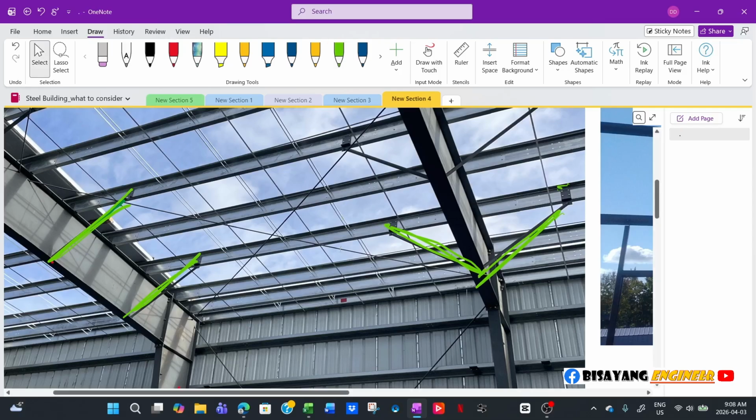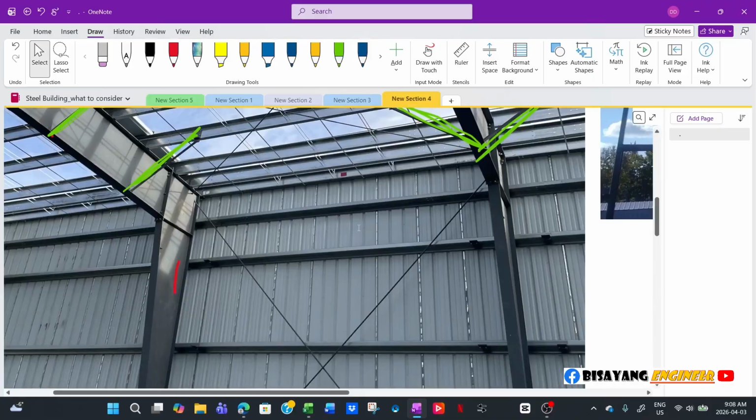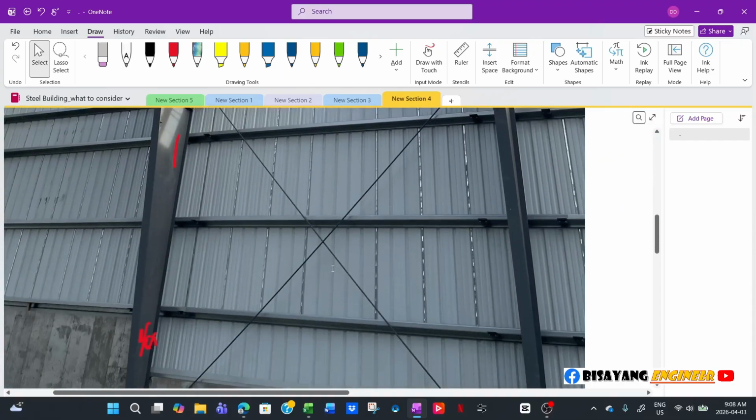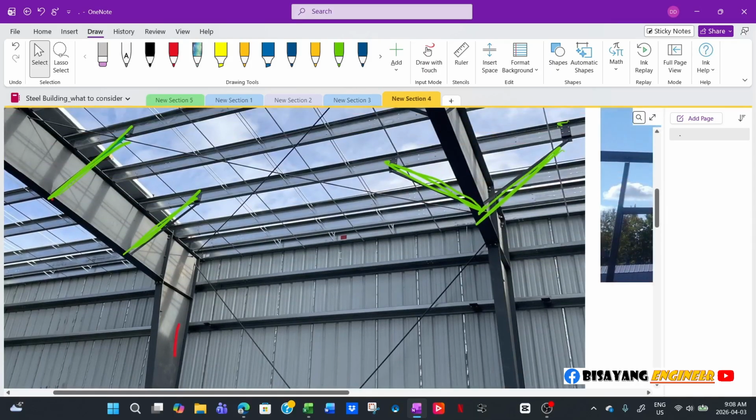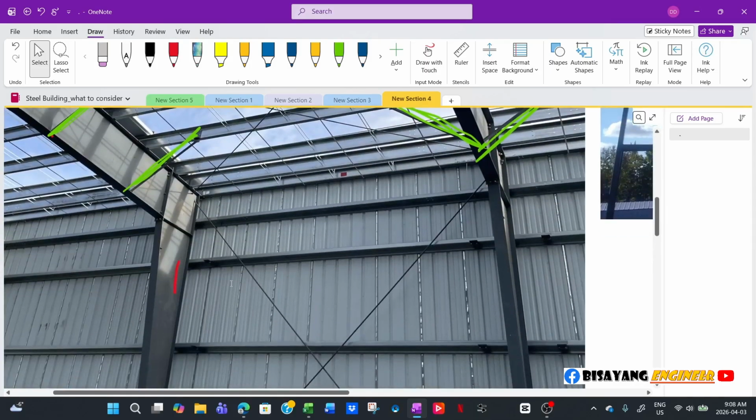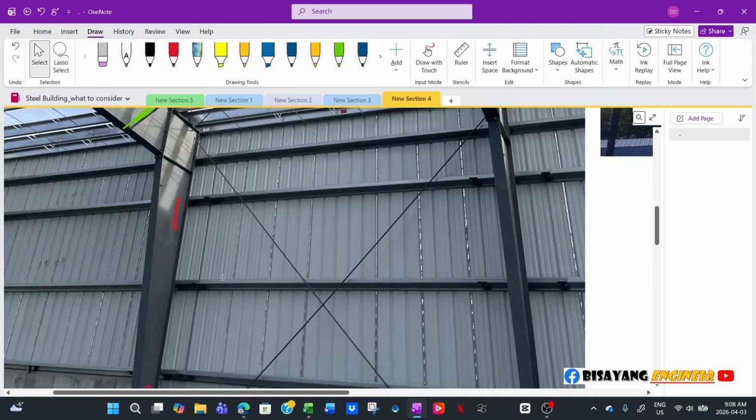That's the other way around. So it's the purlins that brace the frame. And in this case, I think this is not done yet, because you can see the plate here. This is the plate there. So that is for the bracing in this direction.